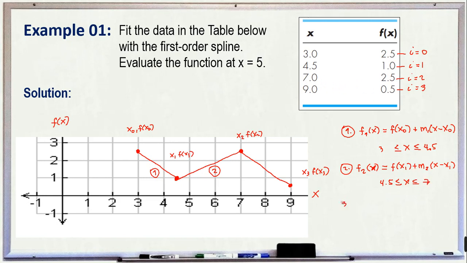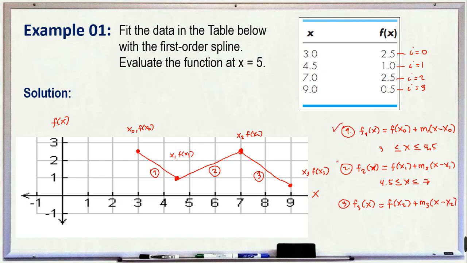Now, the third linear spline is represented by f3 of x equals, so what is the data point on line 3 towards the left? This is x2. So we represent it as f of x2 plus the slope of line 3 times x minus x2.